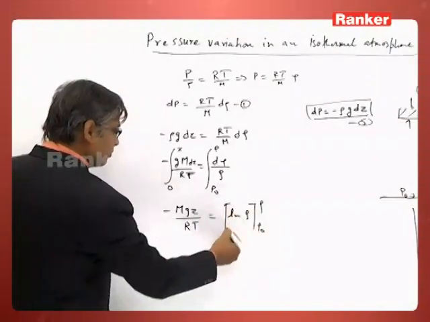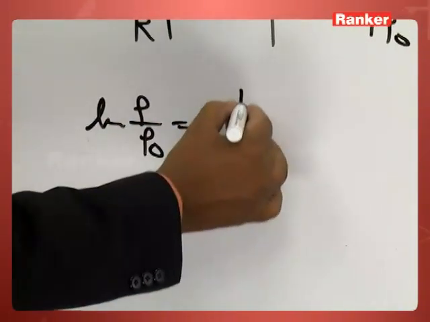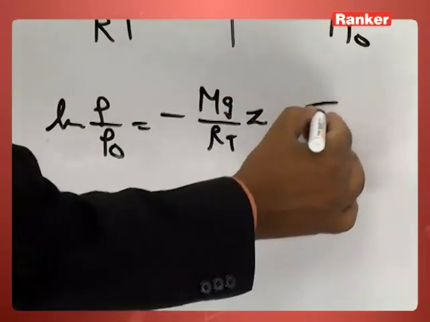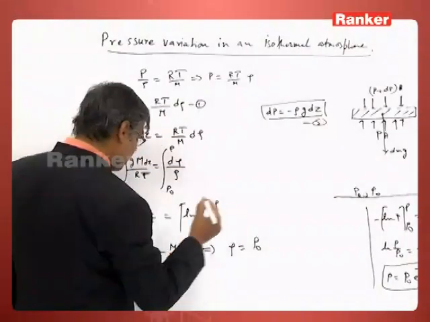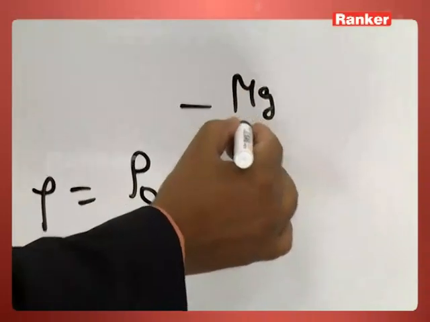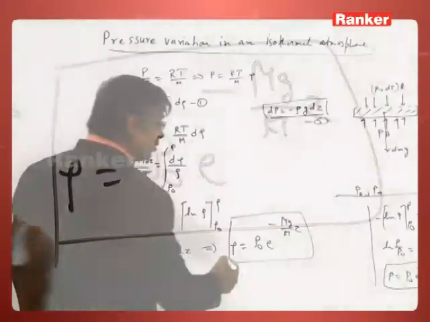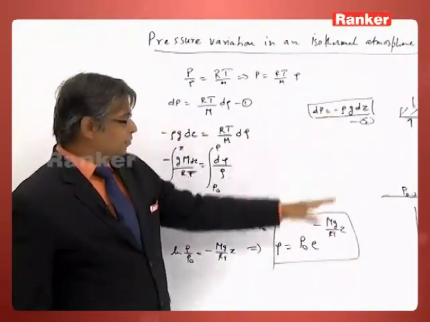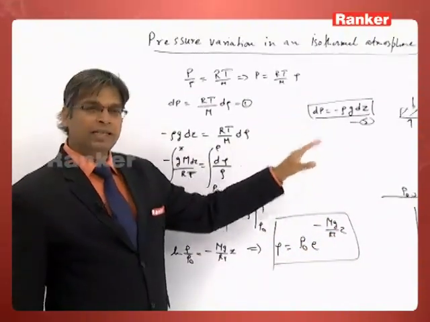So again this will become ln rho by rho naught is equal to minus Mg by RT into z, which implies rho is equal to rho naught e to the power minus Mg by RT into z. So you see here both pressure and density vary exponentially when we assume isothermal conditions.